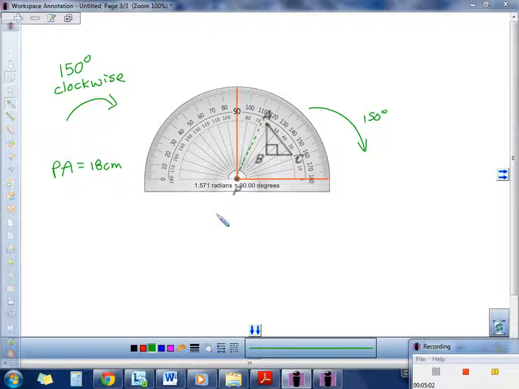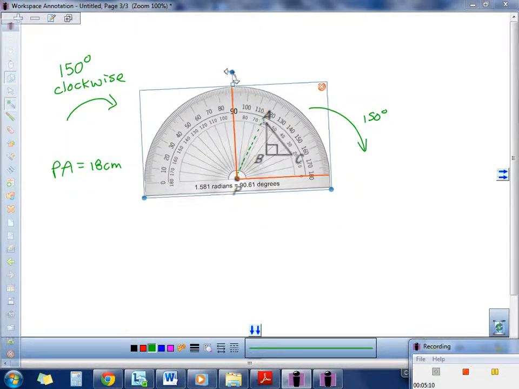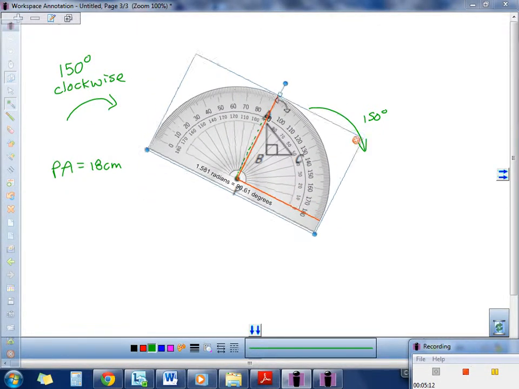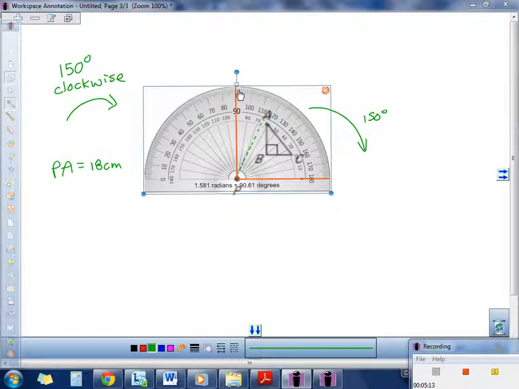Now, right now, my protractor has this little line that can help me, and I can move the protractor around. But the key thing is I need to find 150 degrees. There's 150 on this left side and 150 on this right side.